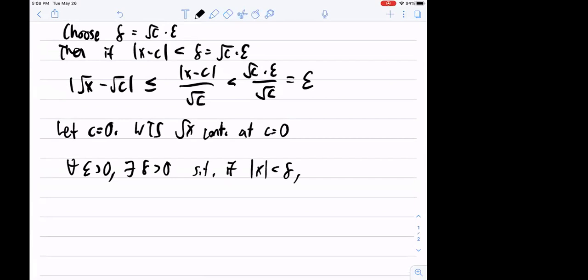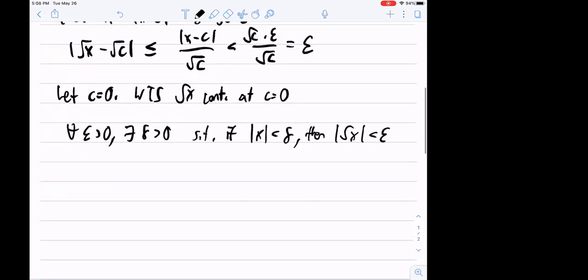I write absolute value, but really root x cannot take negative values, so you might as well just write x bigger than 0. But then what is root x minus root 0? It's 0, then this is less than epsilon. In fact, I don't need the absolute value here, but let's just keep it there. So this should be clear. What should delta be?